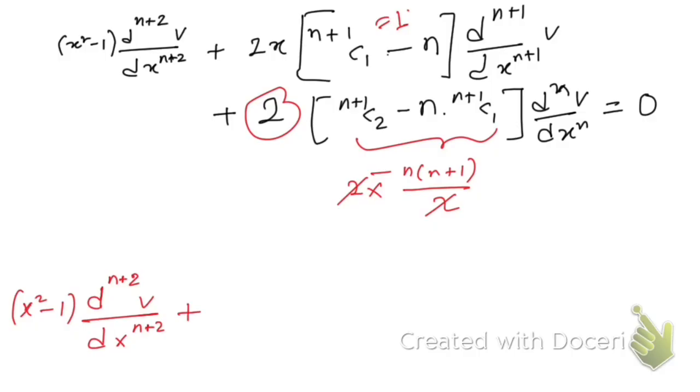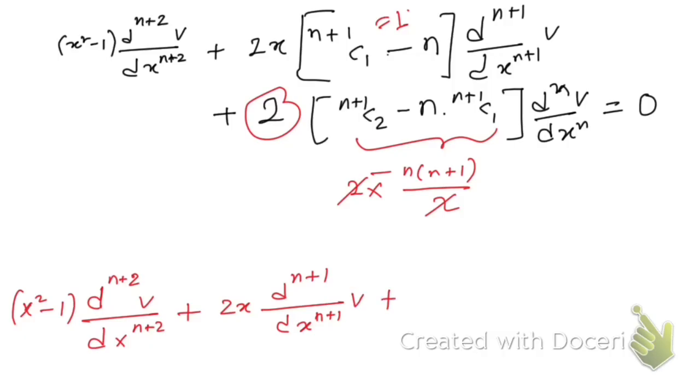Then plus twice x, this part becomes 1, so simply you can write twice x, then n plus 1 order derivative of v, right?